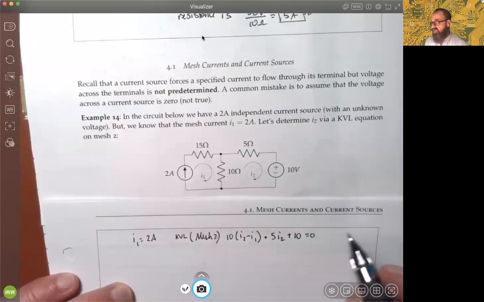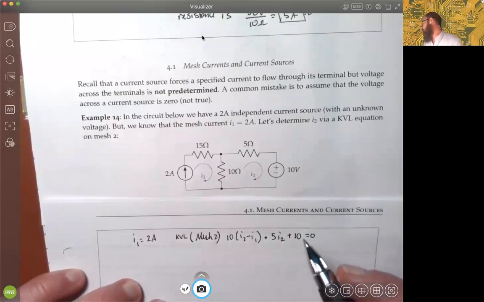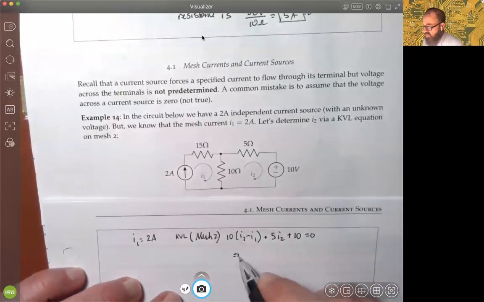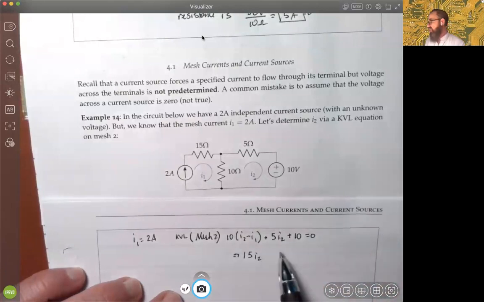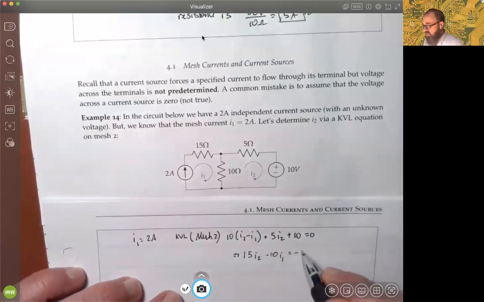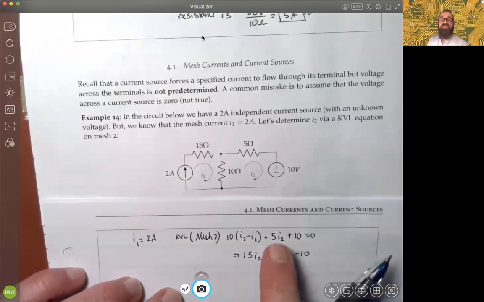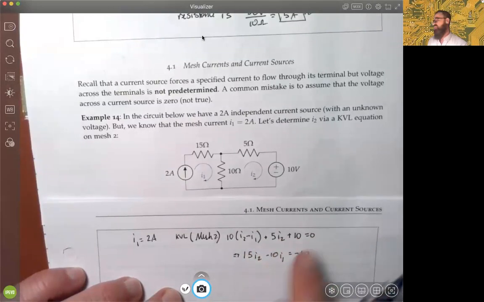Very quickly, we can collect some terms here and show algebraically, it won't be hard to see, you're going to have 15 I2 and minus 10 I1, and that's going to have to be equal to minus 10. We pull that scalar 10 to the other side.